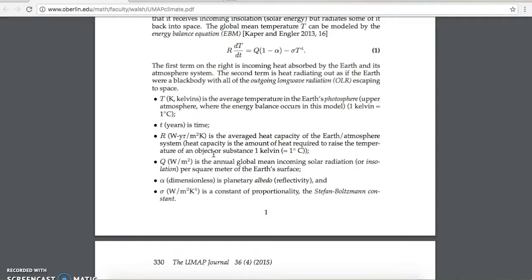And then Q is the solar radiation incident on the Earth per square meter, and that's in watt per meter squared. Alpha doesn't have any dimensions. It's a value used to represent how much potential the Earth has to reflect back solar radiation into the universe. And then omega is watts per meter squared times Kelvin to the fourth, which is the Stefan-Boltzmann constant.